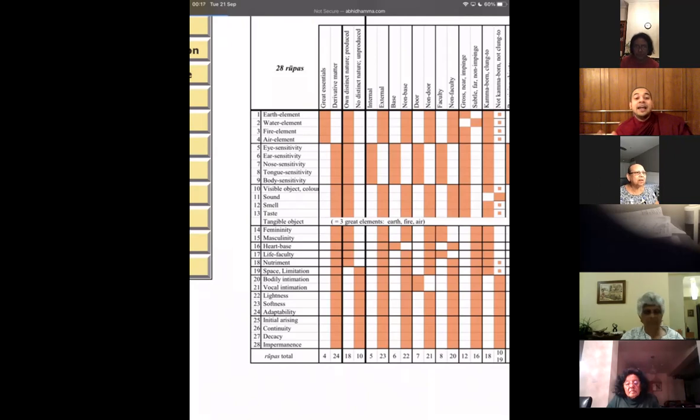The rest are external, because it would always be seen as an external phenomenon now trying to be grasped, even though it might exist inside the body.